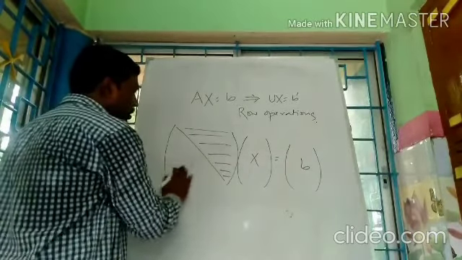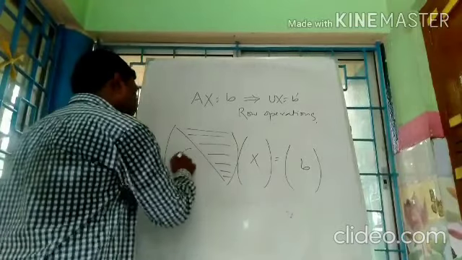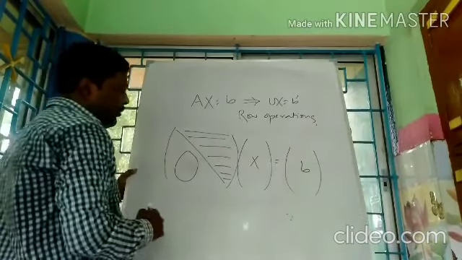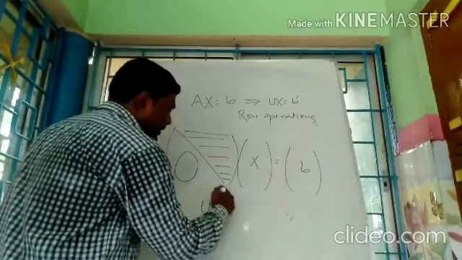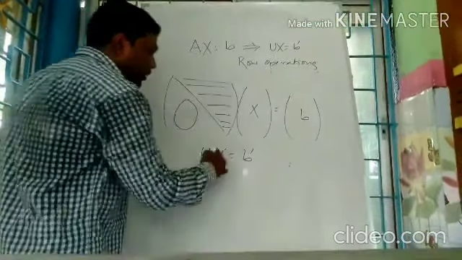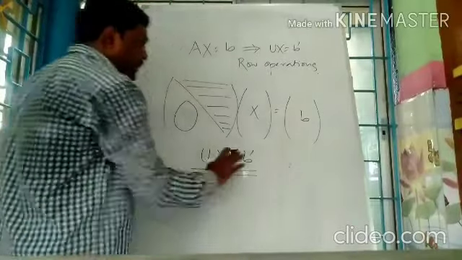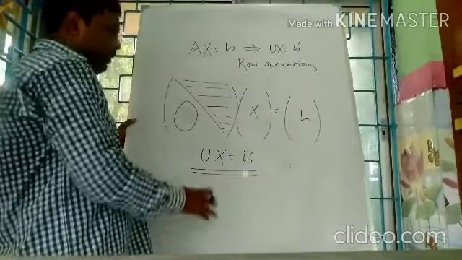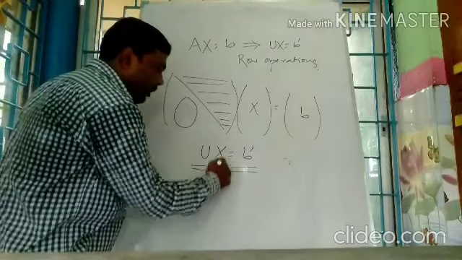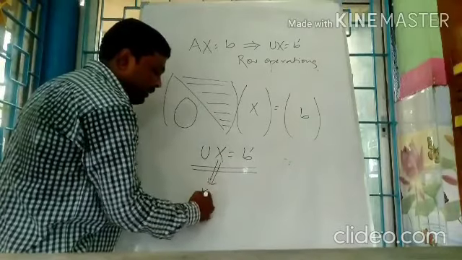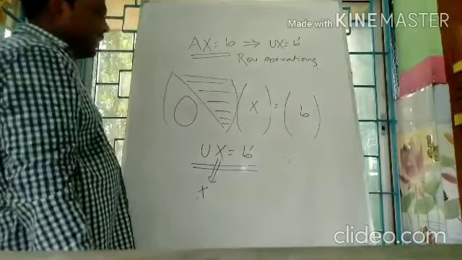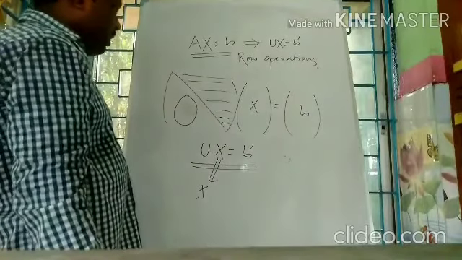So this is the upper triangular system Ux equals b dashed. Its solution can be obtained very easily using substitution, and that gives X, the solution of the system Ax equals b. This is the Gauss elimination procedure.